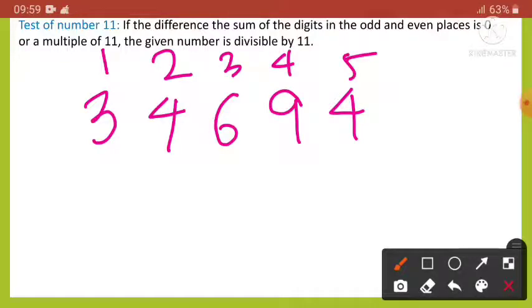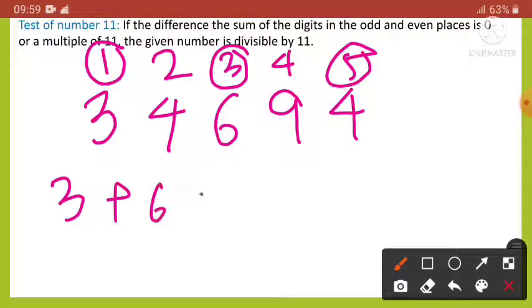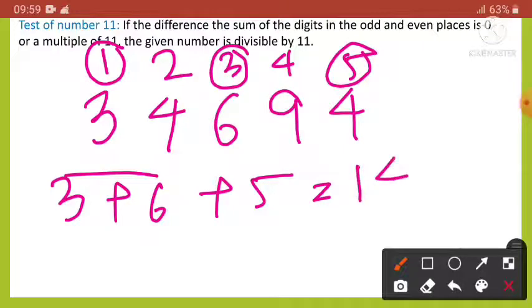So what are the odd places? 1, 3 and 5. At first we have to add all the odd place numbers. So what will be 3 plus 6 plus 4? 6 plus 3 is 9, 9 plus 4 is 13.